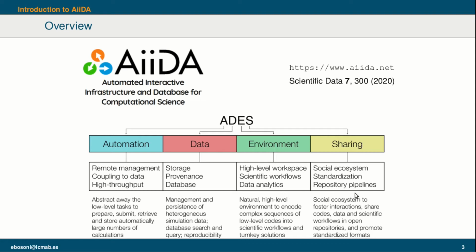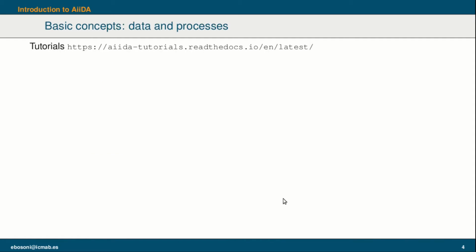The fourth point is sharing, which is connecting to the queryability of the database. In fact, the data you query, you can also group them and export them and share them with as many users as you want.